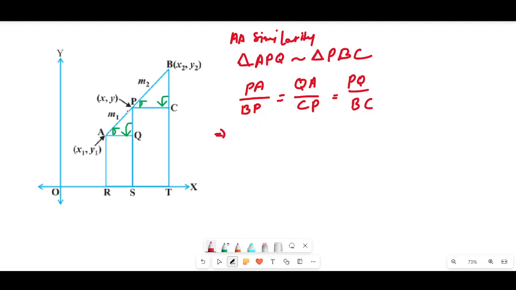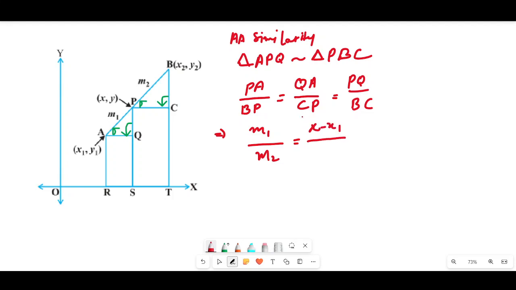Now, PA and BP is M2 and M1, that means M1 by M2 equal to QA upon CP. Here OS is X and OR is X1, then RS will be X minus X1 and RS equal to AQ, then we can write X minus X1.